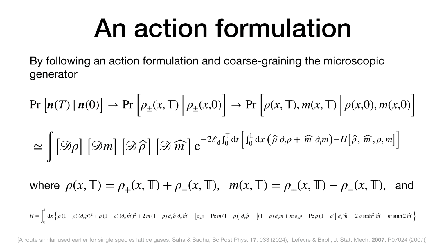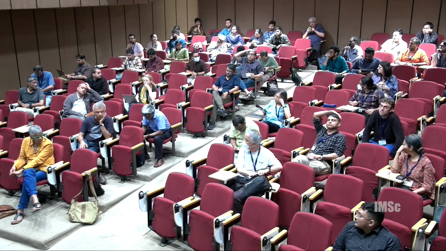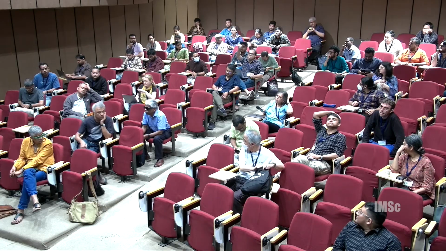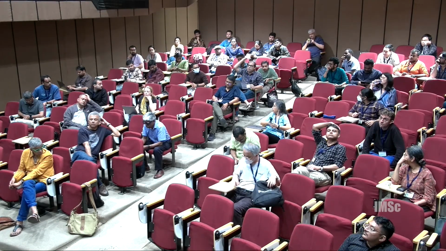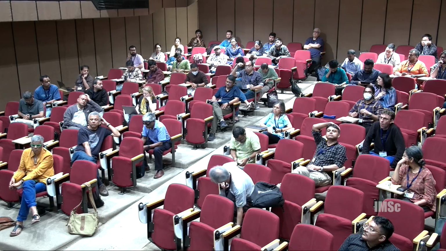If there are no further questions. First question, which is that the fact that you don't have microphase separation in 1D is not a surprise, right? In the sense that even the Ising model in 1D has no phase transition, so if you write down model A, it's not a surprise, yes.